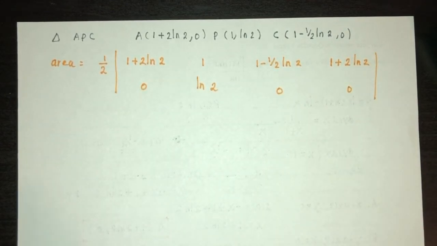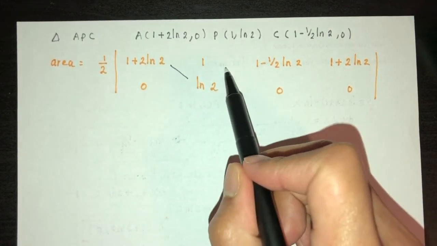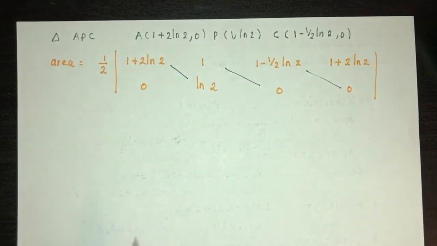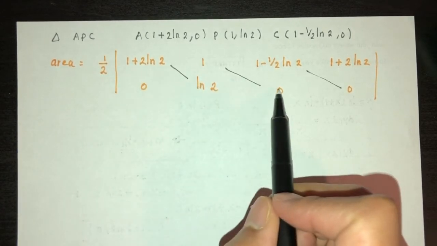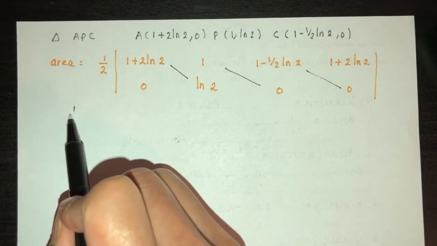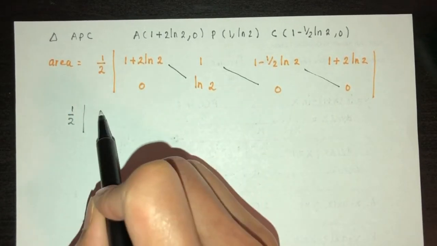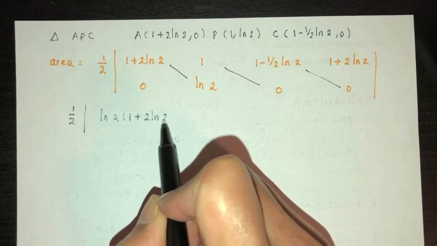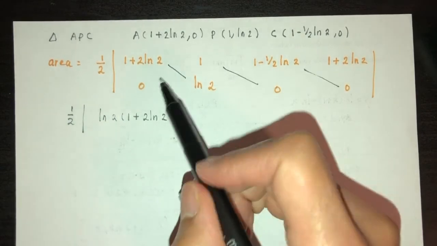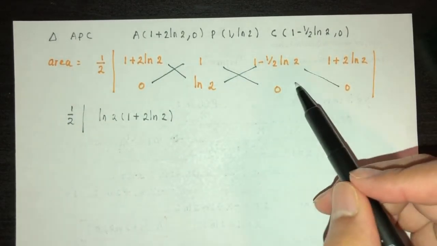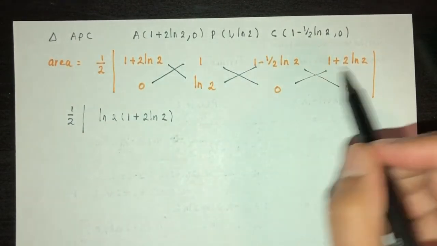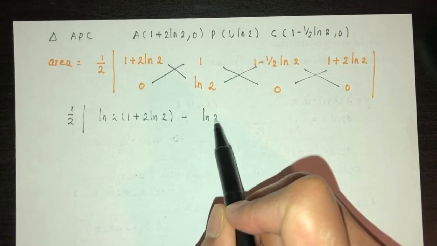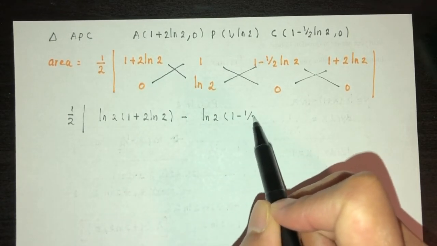Okay, first we have to multiply in this direction. This time this will be 0, 0, so you have only one thing left, which is ln 2 times 1 plus 2 ln 2. And then multiply in this direction. So this will be 0, 0, only one thing: we have ln 2 times 1 minus half ln 2.